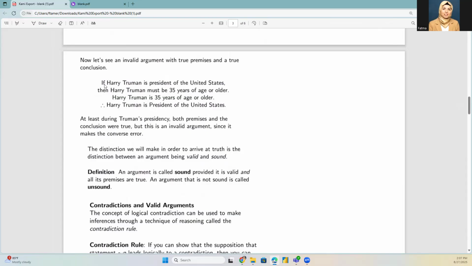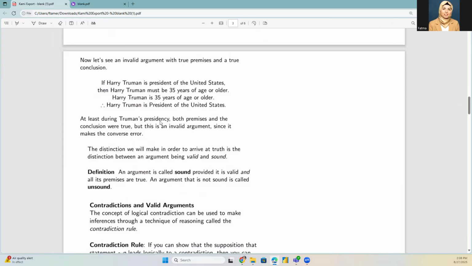Now, the first premise is: if Harry Truman is President of the United States, then he must be 35 years of age or older. So this is true. And then Harry Truman is 35 years of age or older. This is also true. Therefore, he is the President of the United States.